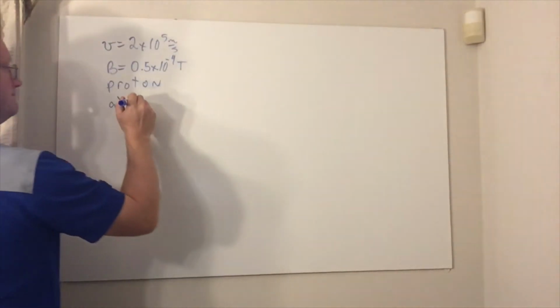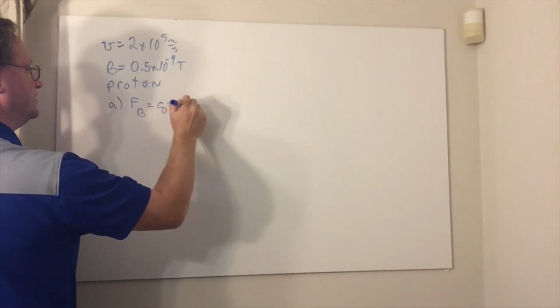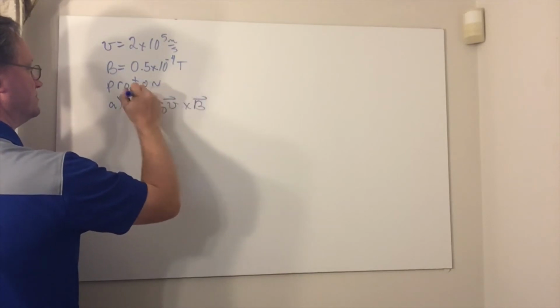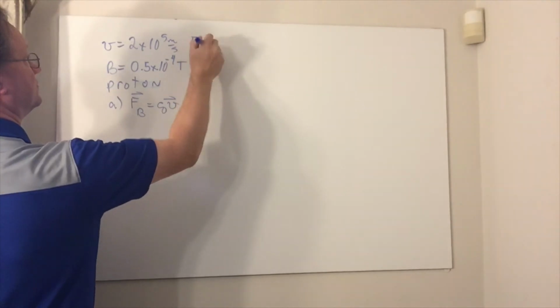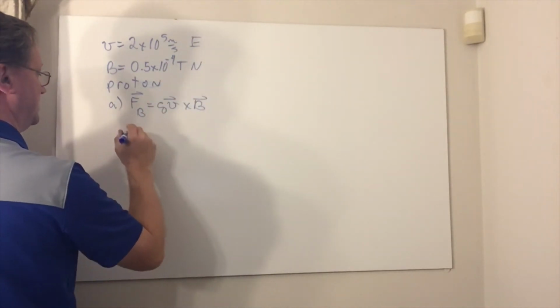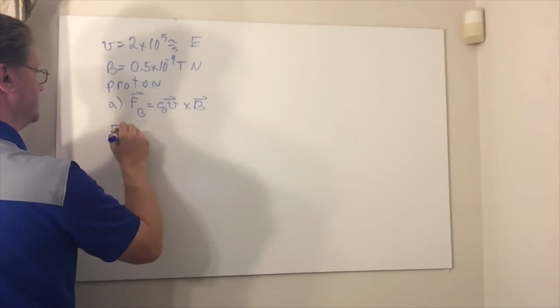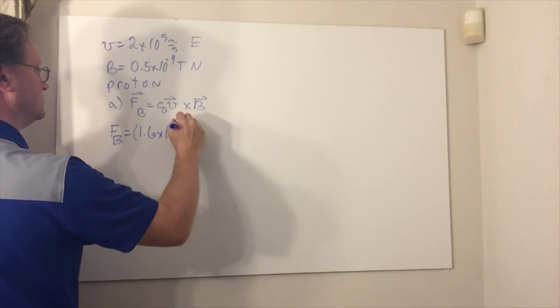So in part A, F is equal to QV cross B. Our magnetic field is directed north. Our velocity is to the east. Those are perpendicular to each other. And so then F sub B, our Q, 1.6 times 10 to the negative 19th coulombs.